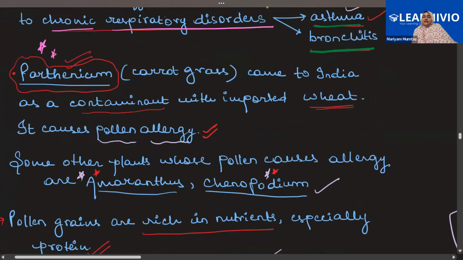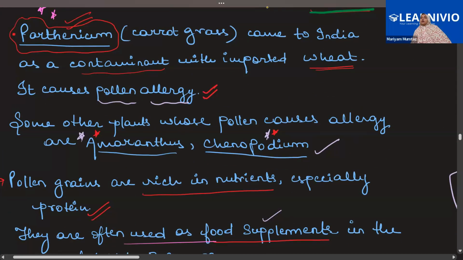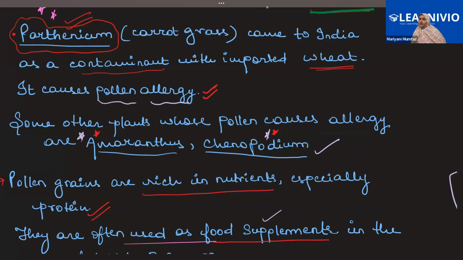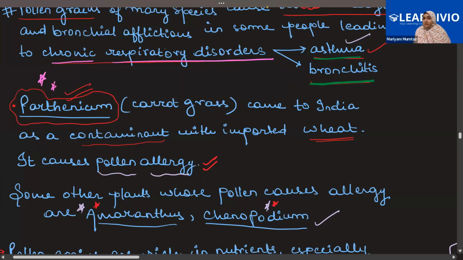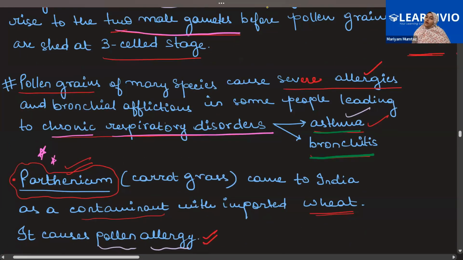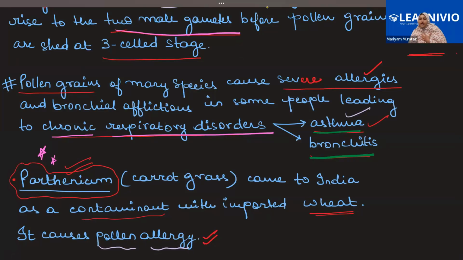Now tell me, the pollen grain is capable of causing which type of problem? Breathing problems, in the people that already have asthma. For example, if I do not have asthma and you give me a flower, I'll smell it.